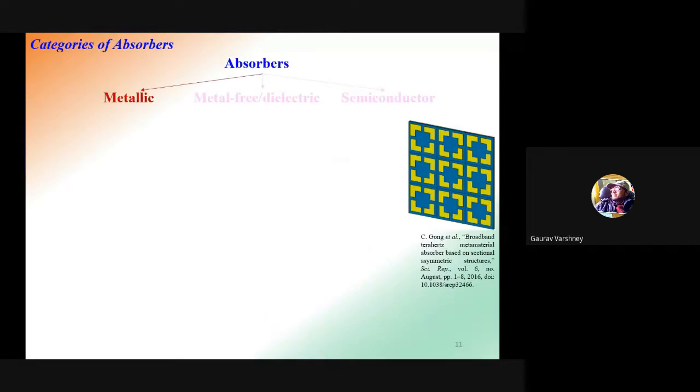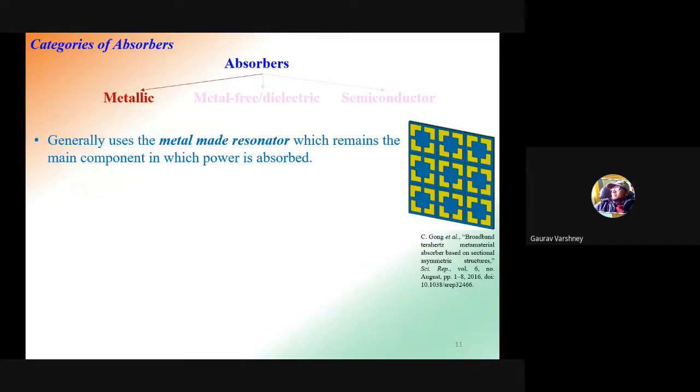And in the case of metallic absorbers, if we discuss from the point of view of research gaps and research issues, generally metal made resonators remain the main component and the main factor for the absorption of the signal. What is the limitation that we are currently facing with the metallic components?